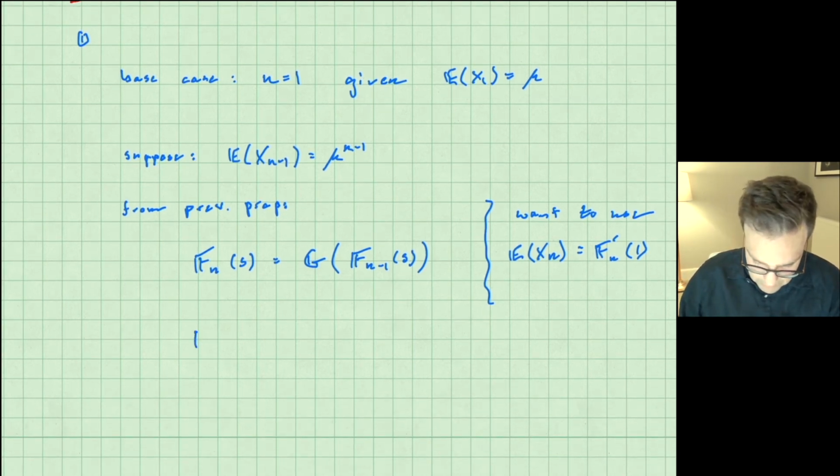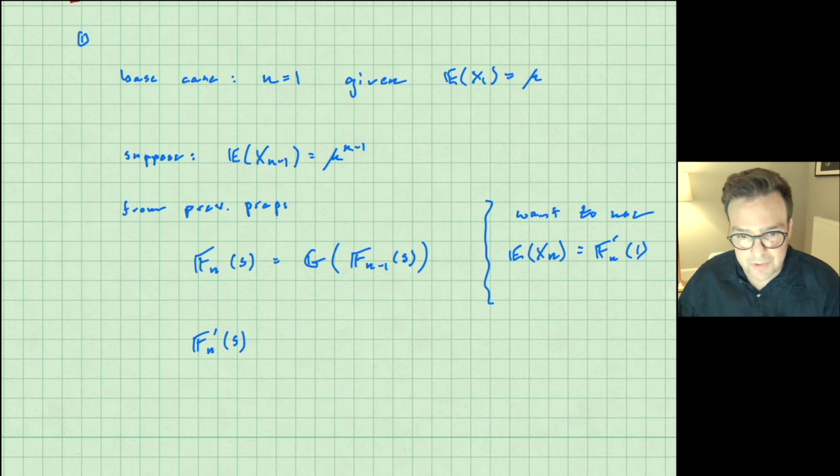So f n prime of, whoa, man, what a mess. That's just a shambles all over the place. All right. f n prime. So the first derivative of this with respect to s, right? So we just use the chain rule, right?